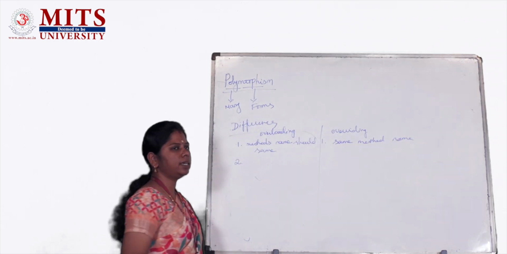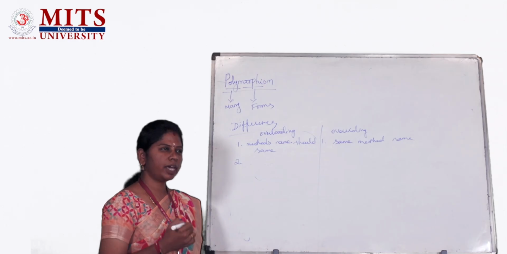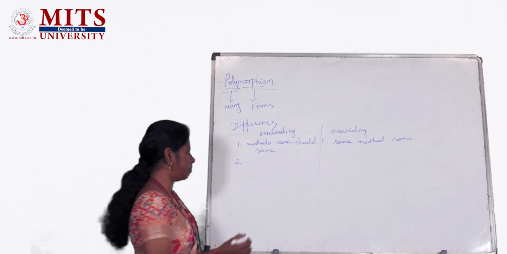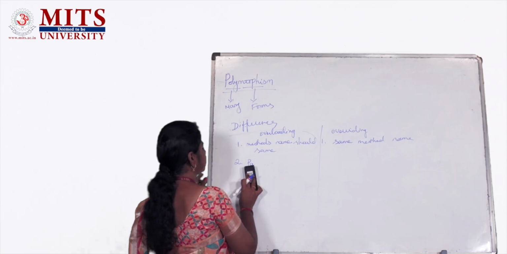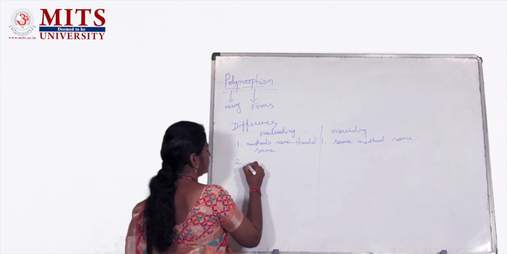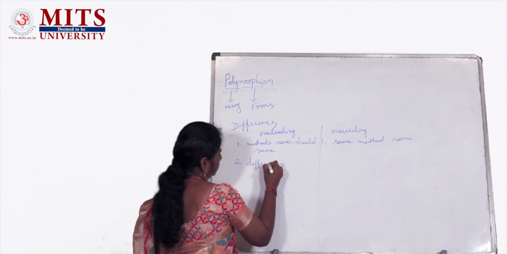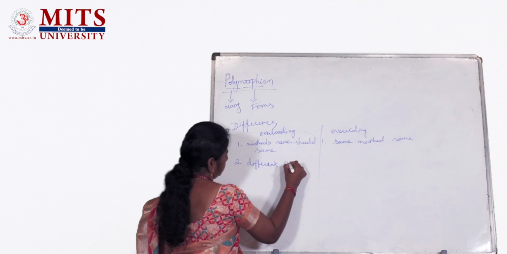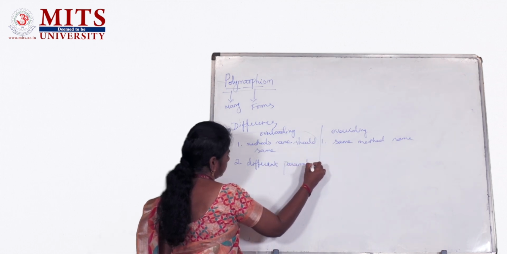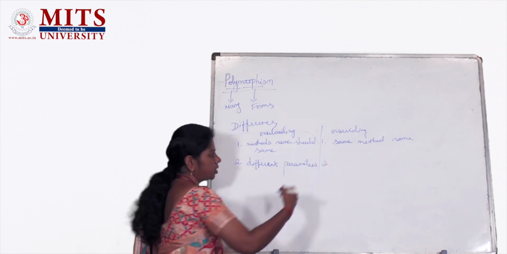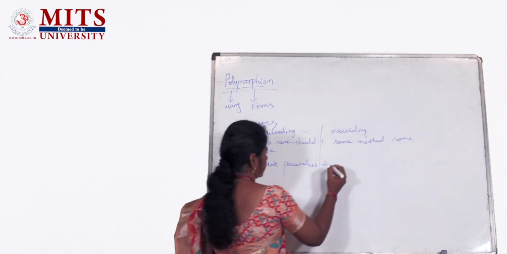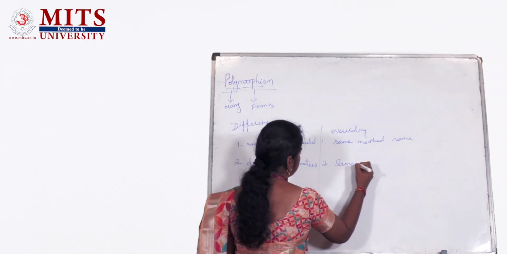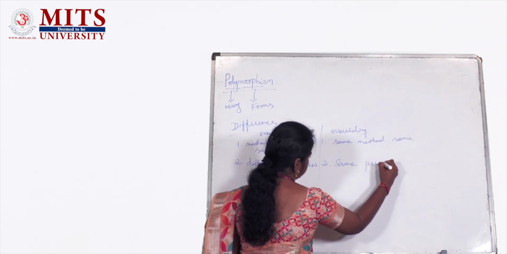And second, in method overloading, we have different parameters. But in method overriding, we should have the same parameter list. Here different parameter list, here same parameter list.